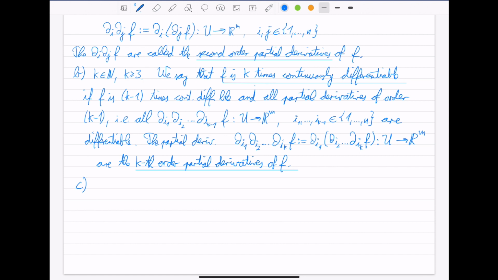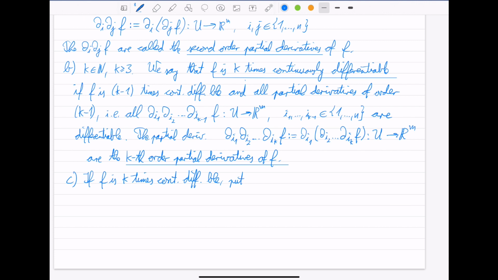So part C. If f is k times partially differentiable, continuously differentiable. When we take a look at these partial derivatives, this is quite long and tedious to write, so we use some shorthand notation.